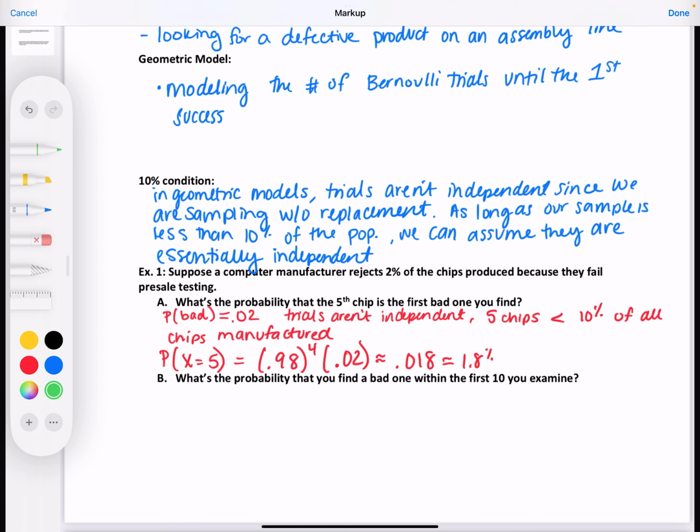Then the calculator way to do it, we're looking at geometric PDF. So it's geometpdf, and then it's going to ask you for P comma N. If you were to type it in, it's geometpdf of, in this case, 0.02, because it's your success, and then the number that we're looking at, which is 5.